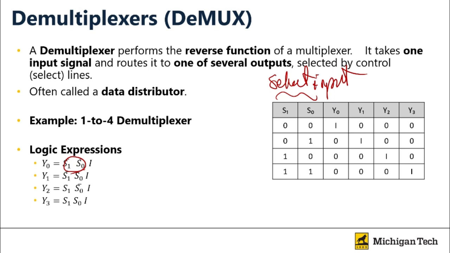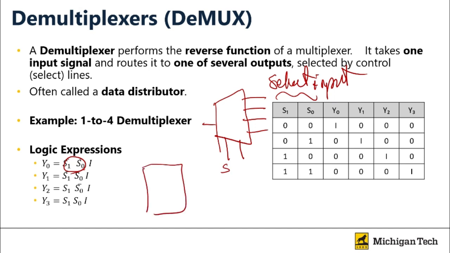But this is interesting. Demultiplexer is very similar to a decoder. Why? Look at this. This is a demultiplexer. One input coming, some select, and 2 to the power S outputs going out. For the decoder, we also had the same. We had S, for example, S1 and S0, and D0 to D3.